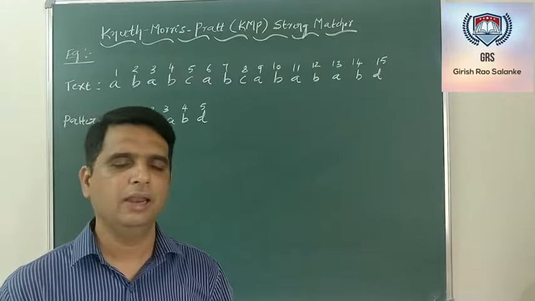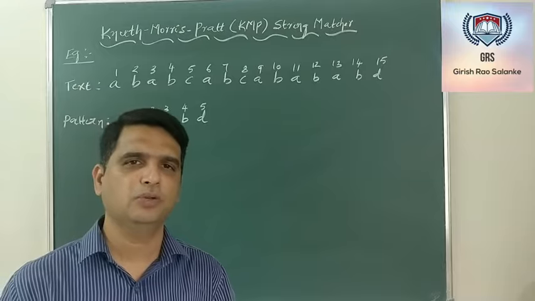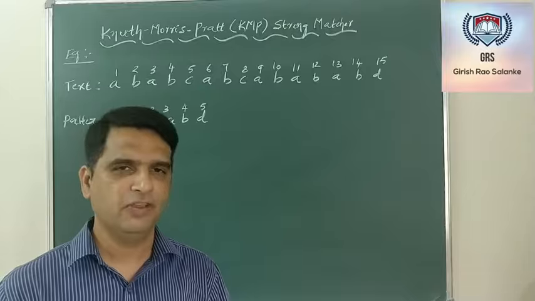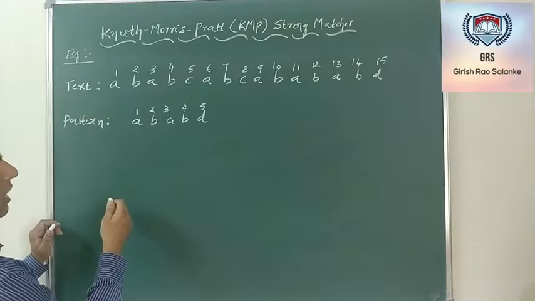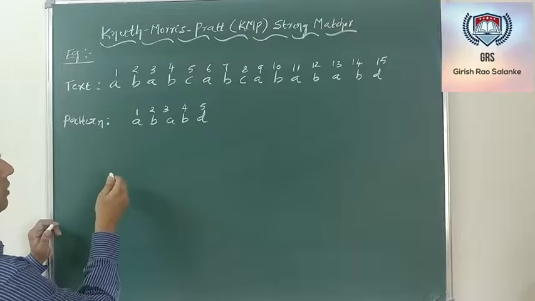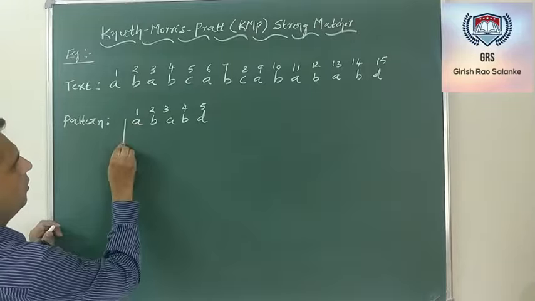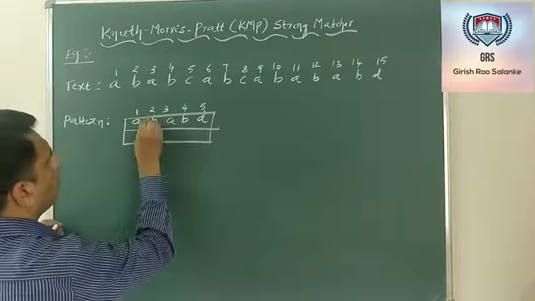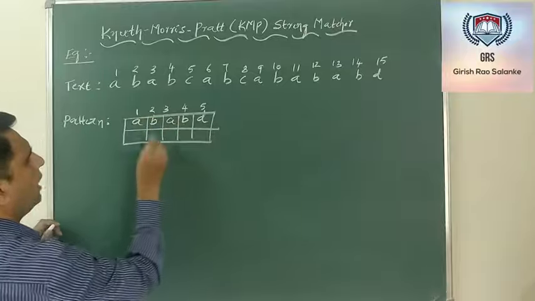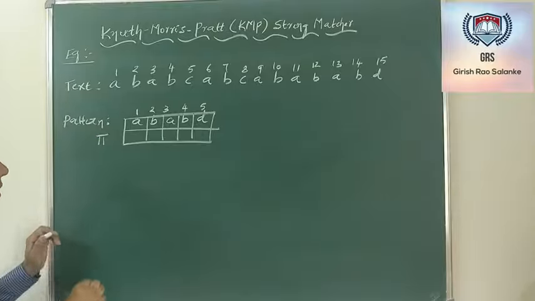As I told earlier in my previous video, the first thing that we are supposed to do is construct a prefix table for the given pattern. So this was my pattern. Let me denote my prefix table with the symbol pi.